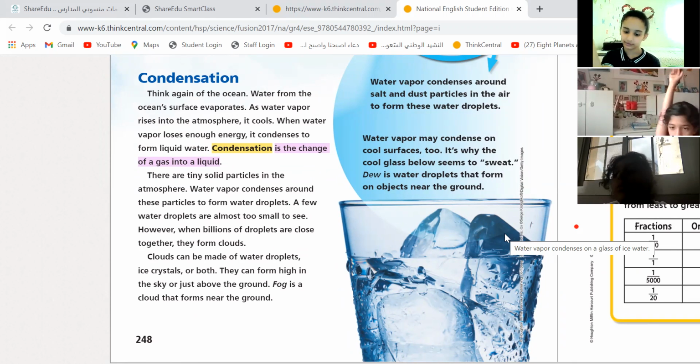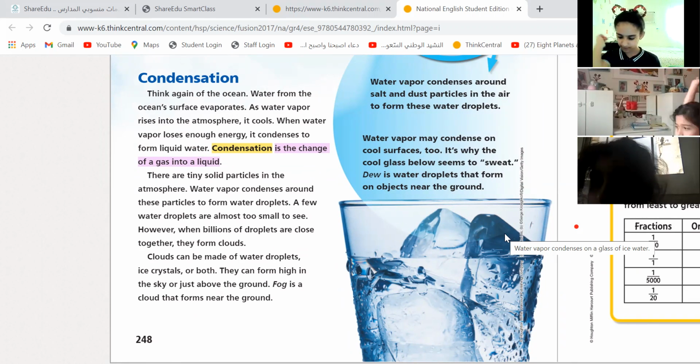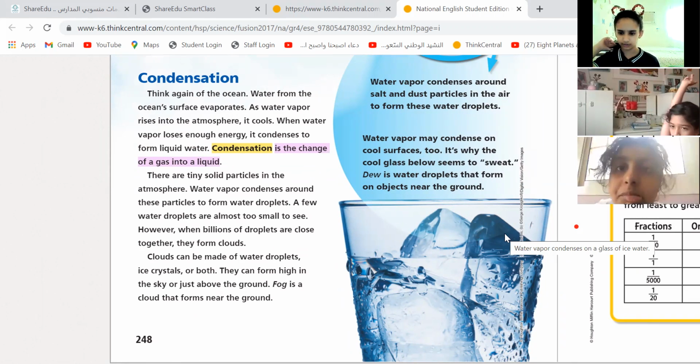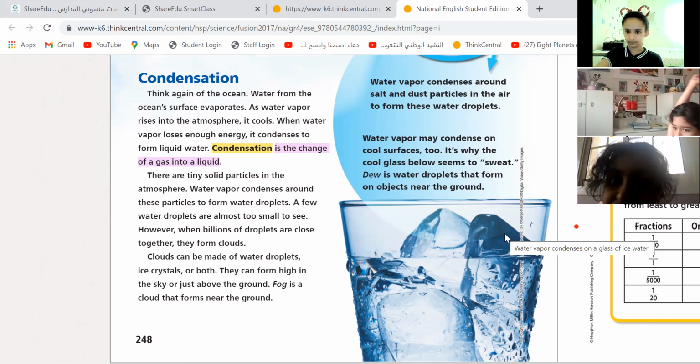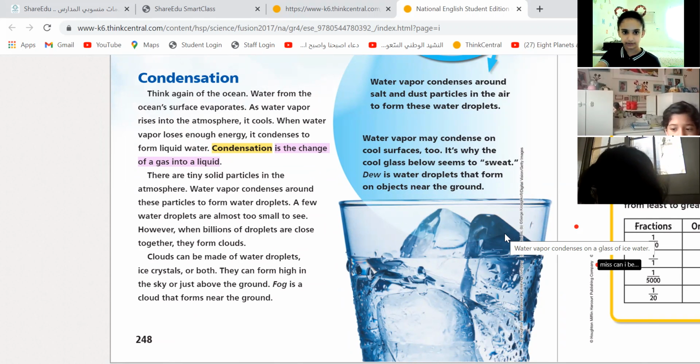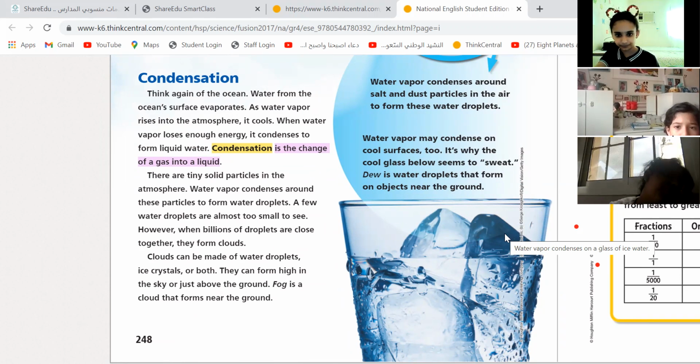It will get cold. Okay, what about the glass from the outside? Is it gonna be wet or dry? Wet. Wet, excellent. Why? Because the water condenses.